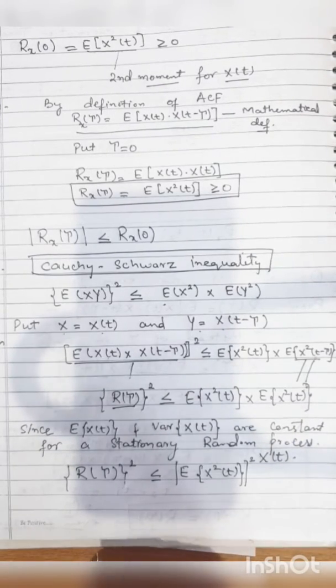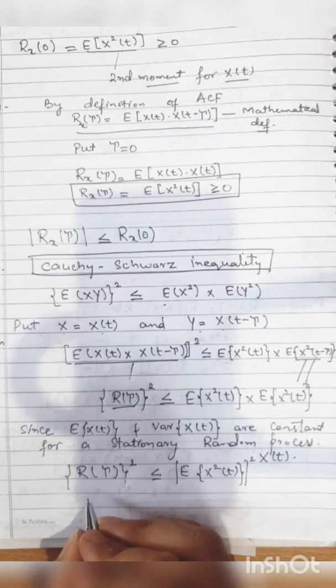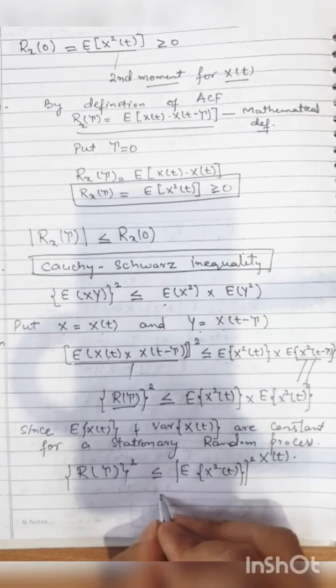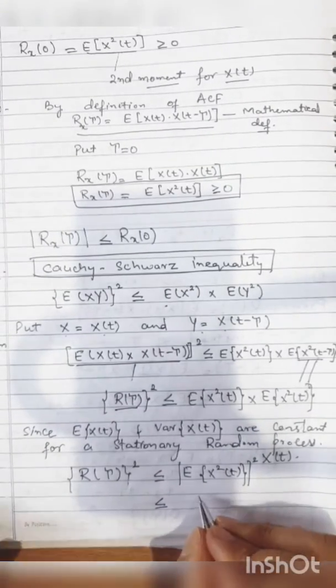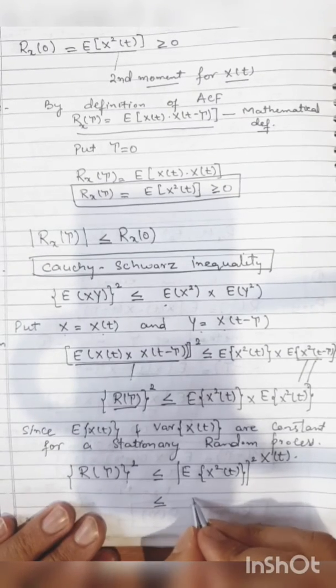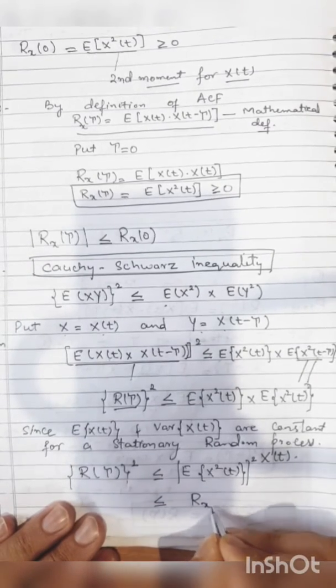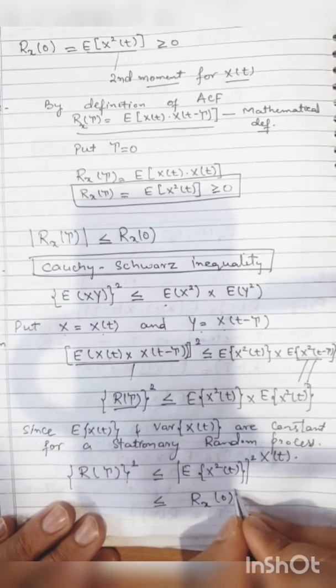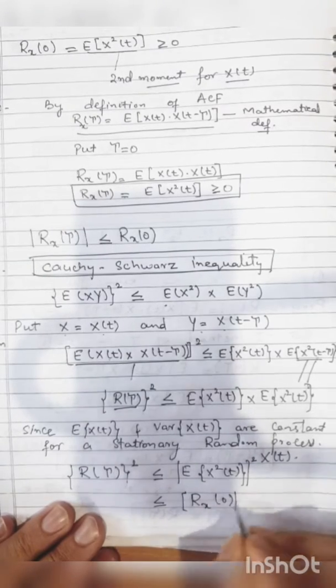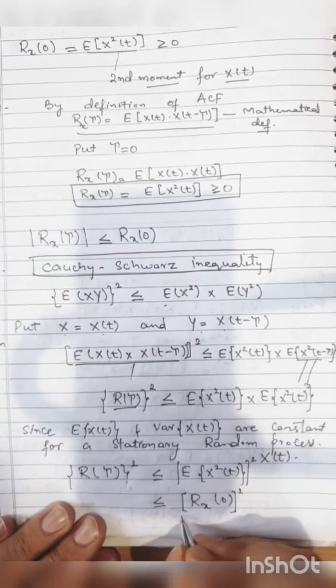This can also be written, because from the second property above, as R_x(0) whole squared.